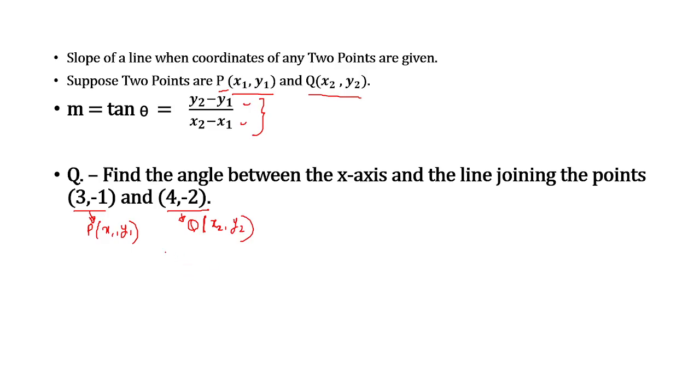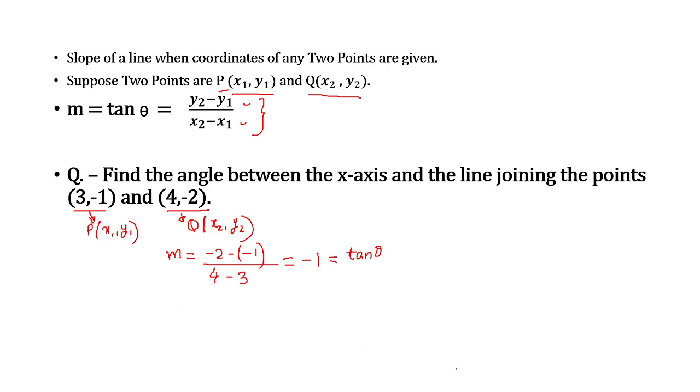So the slope of that line will be y2 minus y1 upon x2 minus x1, which is equal to -1, and the slope of the line is equal to tan theta.